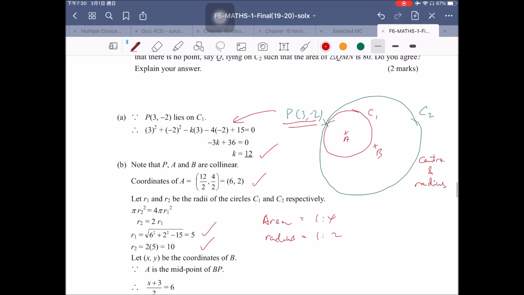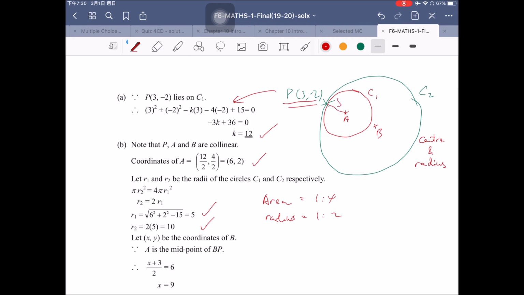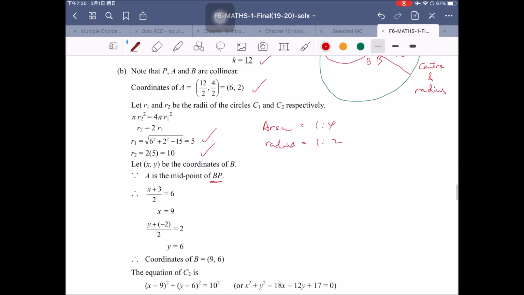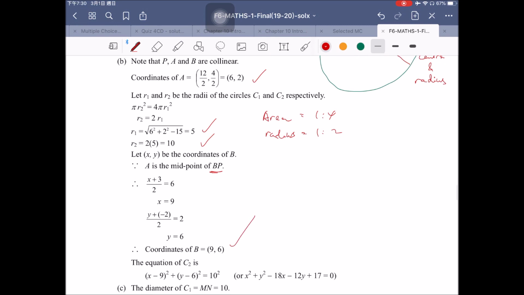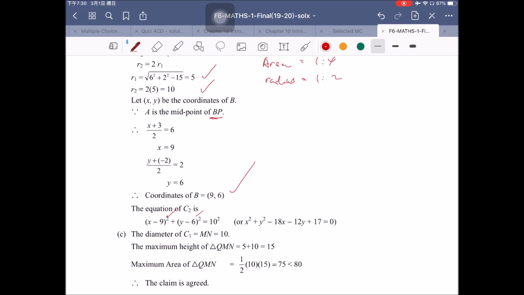Okay, so this is 5, and this is 5, this is 10. You see that this point B is also on C1. Okay, therefore A is the midpoint of BP. A is the midpoint of BP. Therefore, you can find out the coordinates of B. Once you find out the center and radius, you can find out the equation of C2.